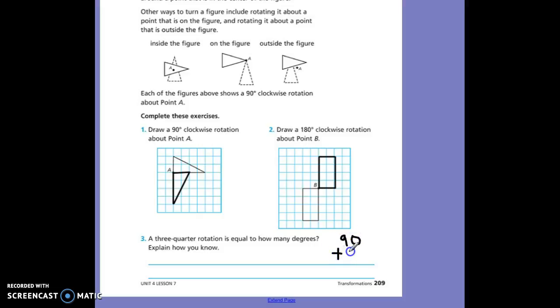And we want to go one more rotation. So 90 plus 90 plus 90 gives me 270 degrees. So a 3/4 turn is 270 degrees. All right, good. Here's my degree sign right there. Okay, let's keep going here.